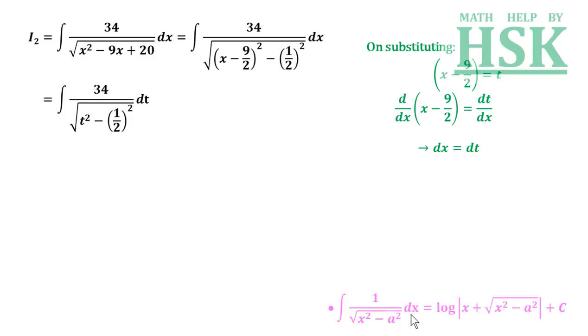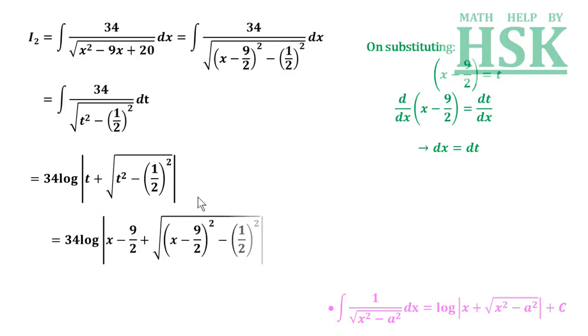I know that integration of 1 upon square root of x square minus a square is equal to log of x plus square root of x square minus a square. So applying the same formula here, I'm going to get this as 34 times log of t plus square root of t square minus 1 by 2 whole square.